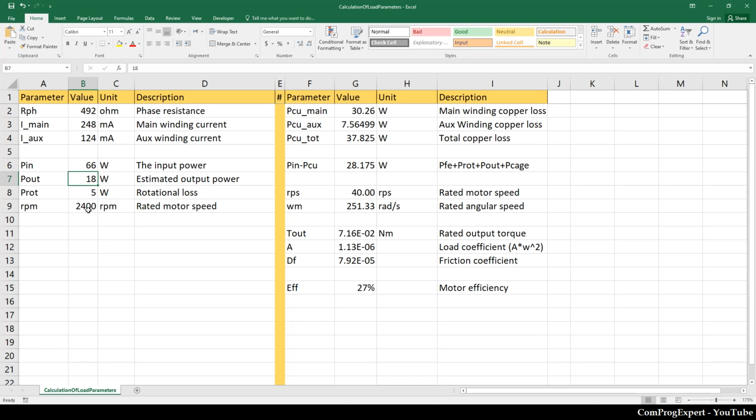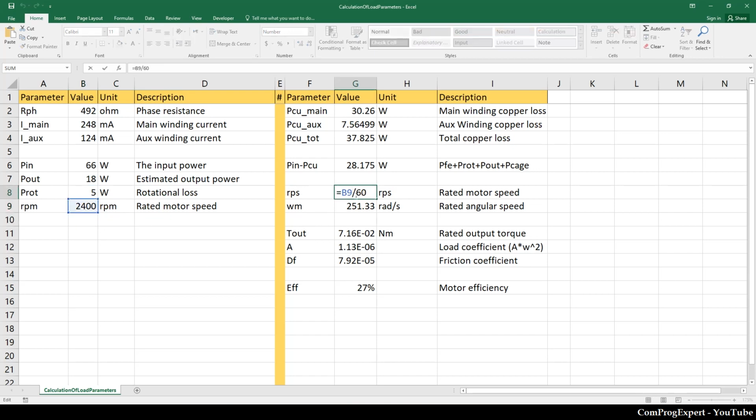So here, if I assume this value for output power and consider 5 watts for rotational loss, I can say that the output torque will be equal to the following. This is the rated motor speed, 2400 RPMs.